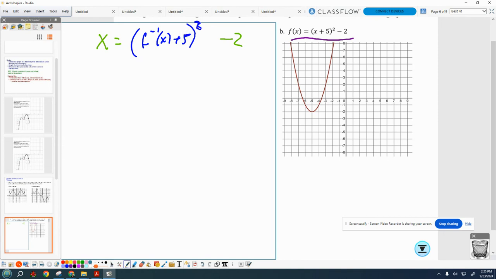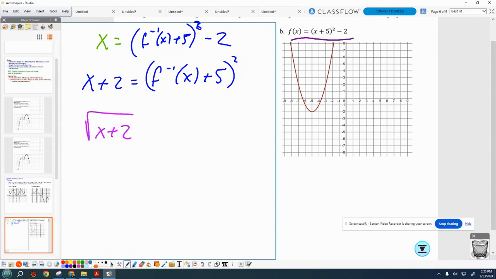I want to get f inverse alone, but I have other stuff hanging off of it first. What do I get rid of first? The -2 by doing what? By adding. And now see, what do I do next? Square rooting it. Okay, now we put the square root in there.